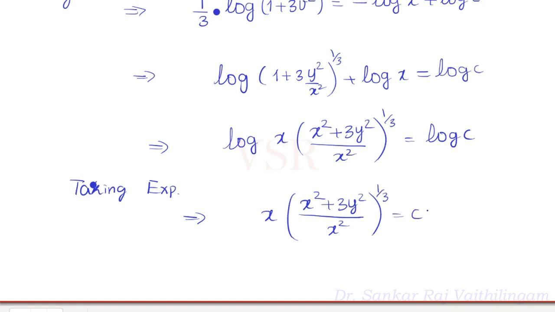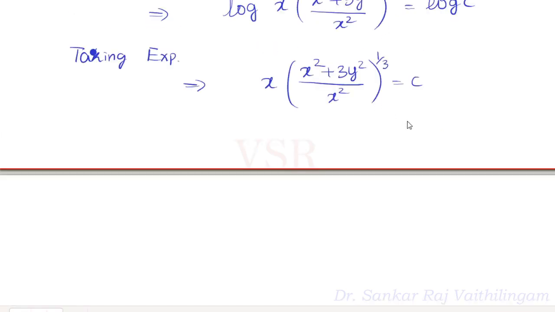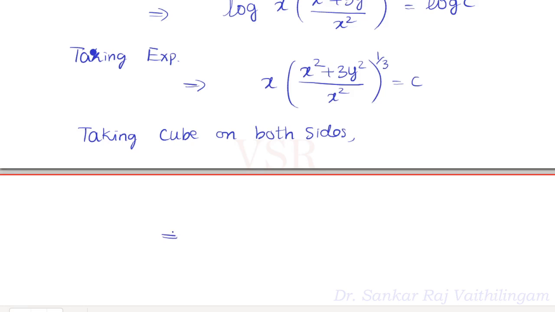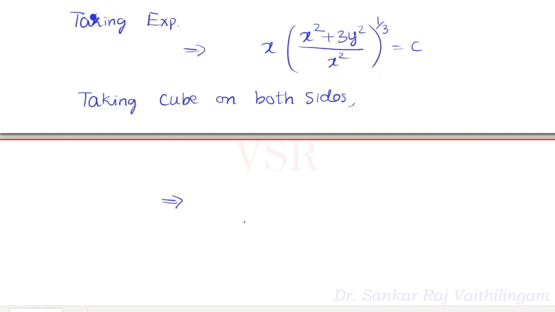இப்போ என்ன பண்றது அப்படின்னா let us take a cube எடுப்போம். Okay, taking cube on both sides. What we'll have அப்படின்னா இந்த இடத்துல this implies that x cube, இங்க இதுல cube எடுக்கும்போது 1/3 cancel ஆயிரும்.